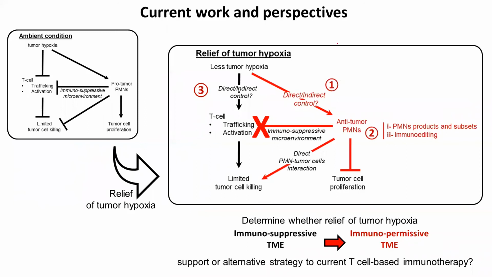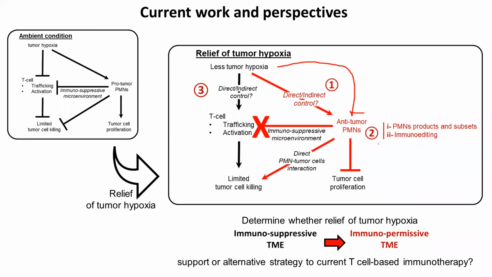However, the mechanism through which tumor hypoxia controls, directly or indirectly, the conversion of neutrophils toward a pro-tumorigenic or an anti-tumorigenic phenotype remains not yet clearly assessed, and this is our first axis of current research.